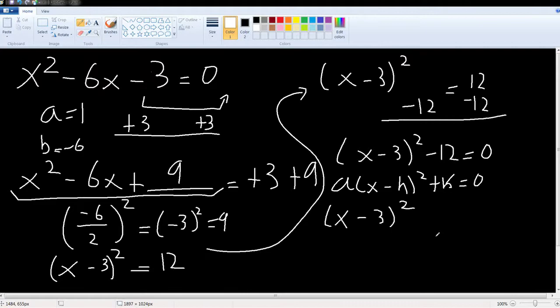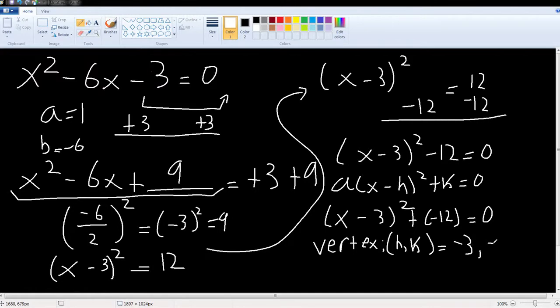The minus 12 is a problem, so we'll just do add minus 12, which is the same thing as subtracting 12. So the vertex in this case is equal to (h, k), which is (3, minus 12), and that is our vertex.